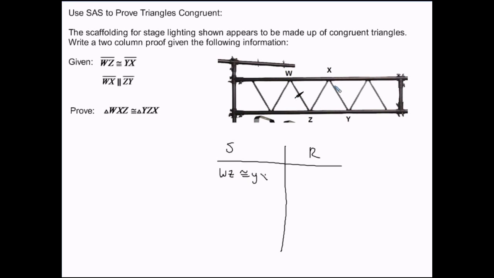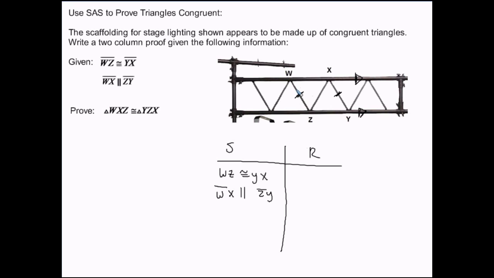So WZ and YX are congruent. Okay. I'm given that WX is parallel to ZY. So these two lines are parallel, so I'm going to put that marking there. And I want to prove that the triangles are congruent.